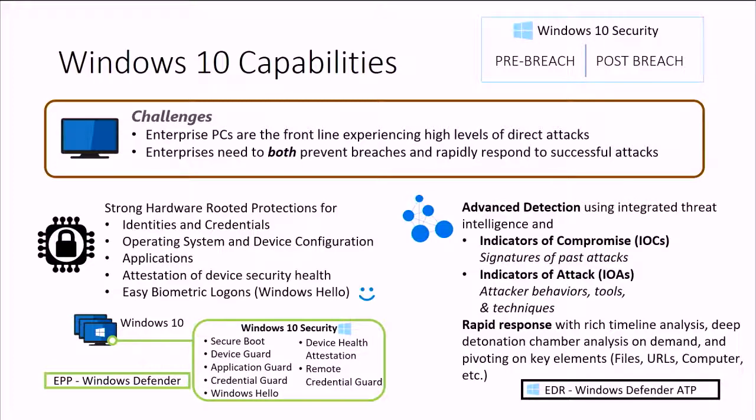Then we also have this concept that we call indicators of attack, and this takes it a step further. Even if we don't have the specific IPs, the specific stuff, kind of like an anti-malware signature that you have with an IOC, there are certain behavioral patterns, certain ways that adversaries use binaries, certain ways that they construct things. There's a certain set of patterns that attackers fall into, so we can say, oh, this is this particular group because they use this type of malware, this type of compromise, this type of vulnerability.